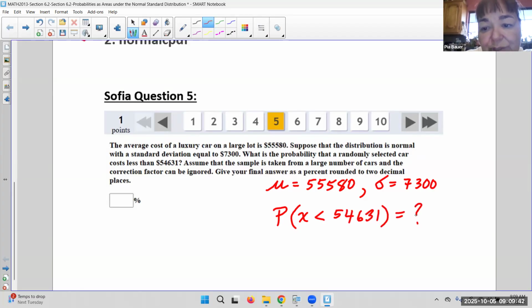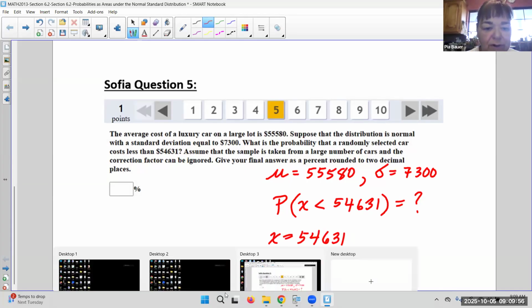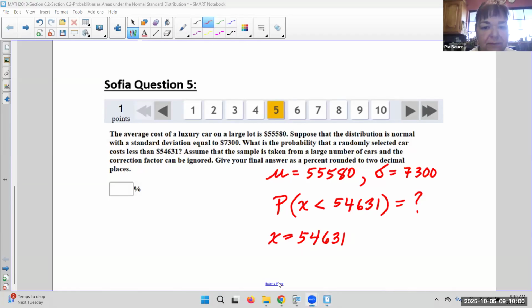However, in order to answer this, we have to change this x, x equals 54,631, into a z-score. So we use the formula that we've learned for the z-score earlier in this chapter.